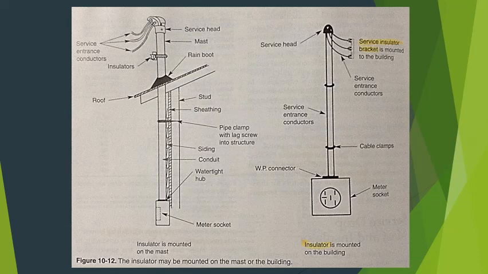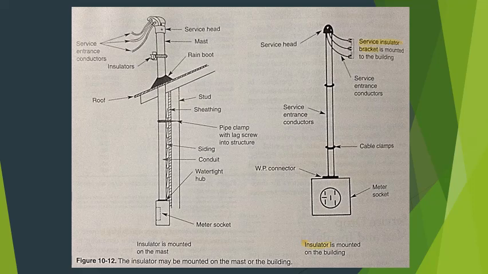Conduit contains the service entrance cable and is mounted between the service head and the meter. An insulator is a non-conductive device that supports the service drop wires near the service head. It can be clamped to the conduit or attached to the exterior of the building. Insulators are placed approximately 12 inches below the service head. See figure 10-12.